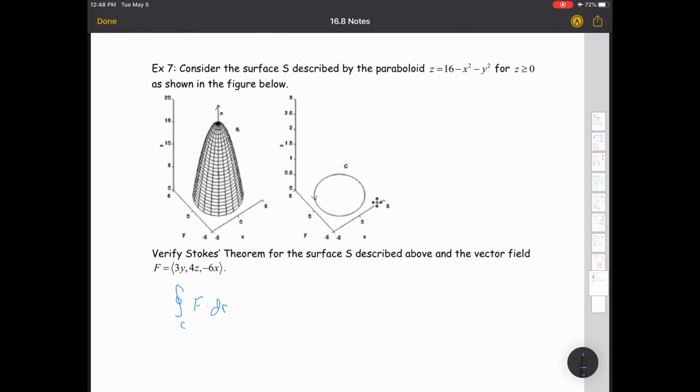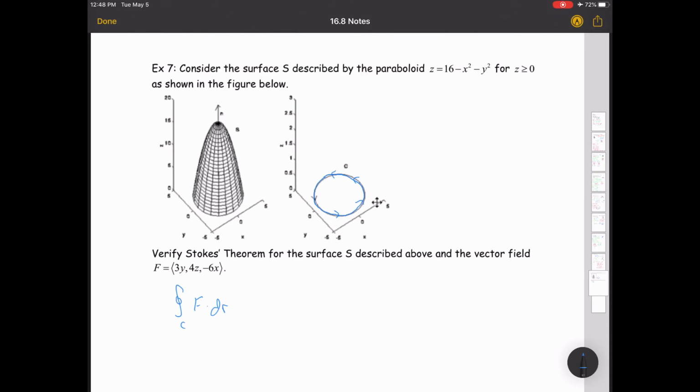So we need our parameterized force, and we're going to need our r prime. Since we're doing the line integral, we are doing this portion right here, where I'm tracing the line. And you can see with the arrow, it's already pointing that it's traversing this direction.